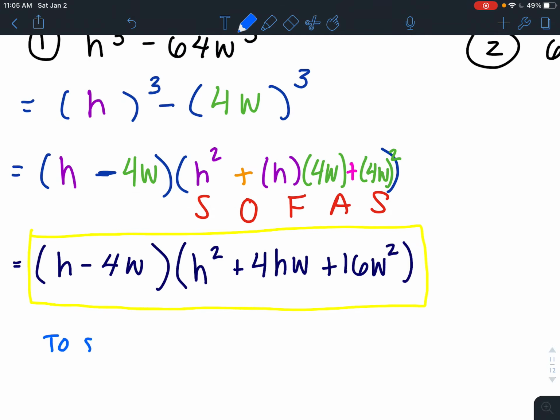If I wanted to solve both parts, to solve, I would set each group equal to 0.